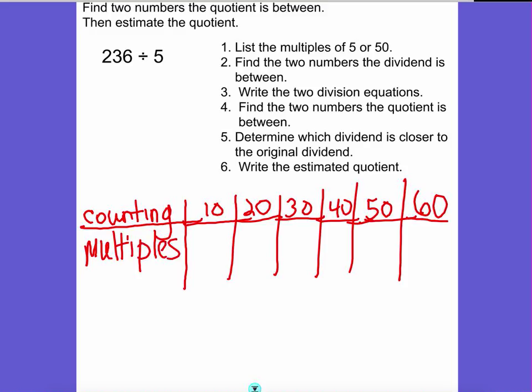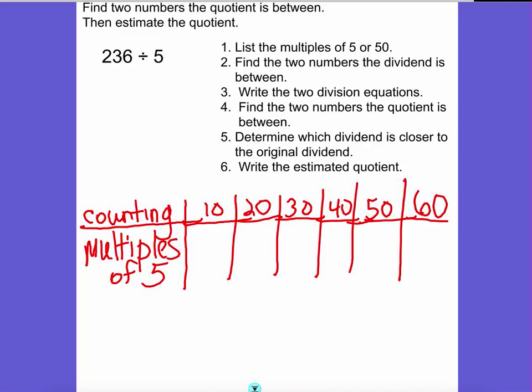I'm really still doing multiples of 5, but I'm going to use the counting numbers 10, 20, 30, 40, 50, 60. I'll show you how that works.